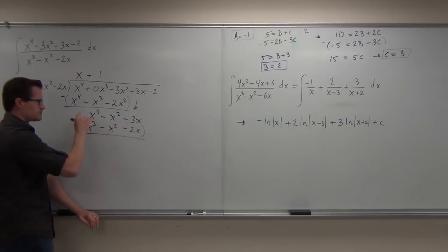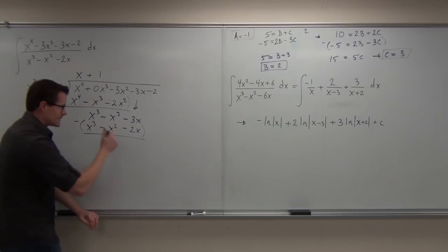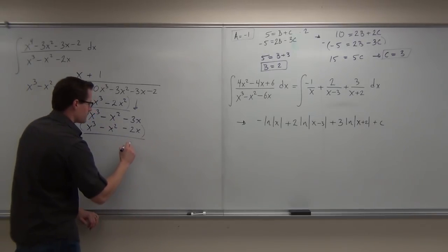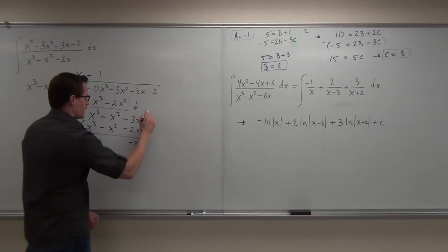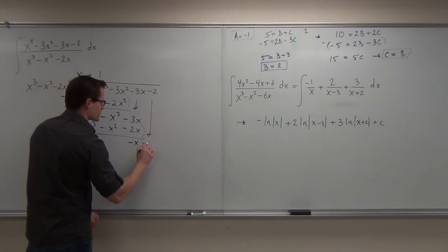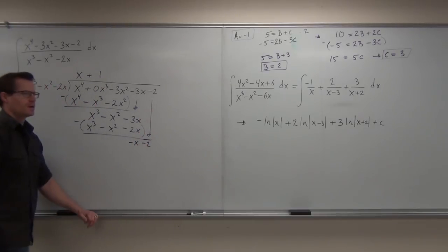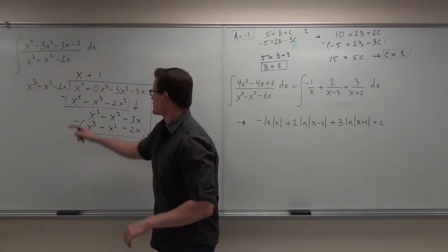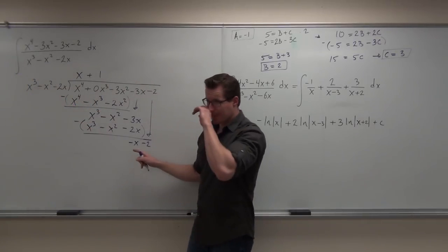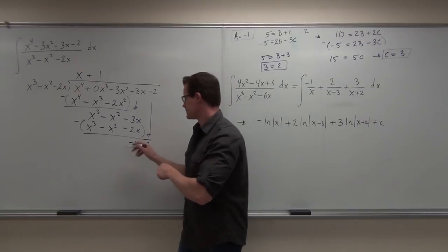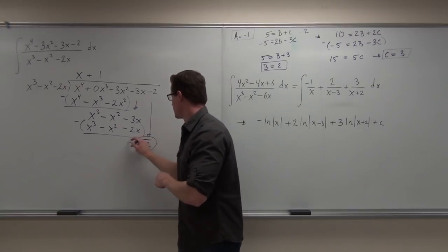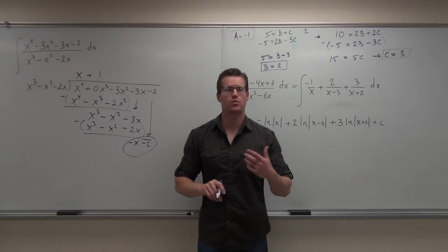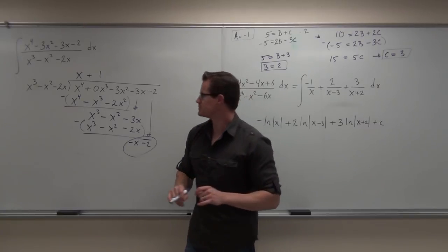Negative 3x plus 2x is negative x. And we bring down our minus 2. Now we check again. Does x to the third go into x? No. Then this is our remainder. That's our remainder.